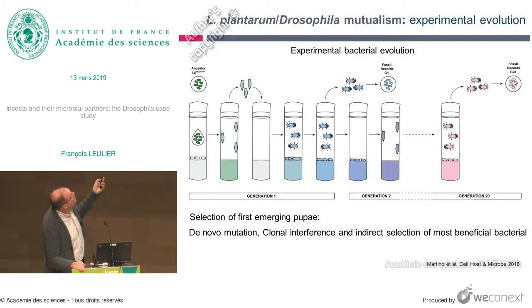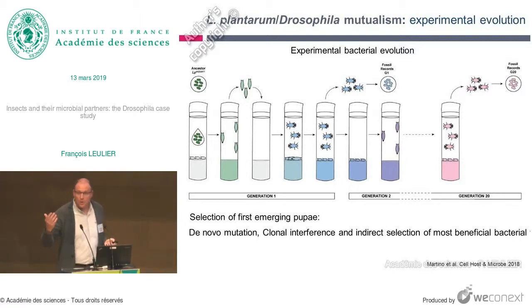And then she would wait for the first pupae to emerge, select the first 10 pupae out of a cohort of 40 eggs that she associated, and transfer in a sterile environment those pupae, which are associated with microbes, to a new tube, wait for adults, let the adults mate and lay new eggs, and do so on and so forth for 20 fly generations.